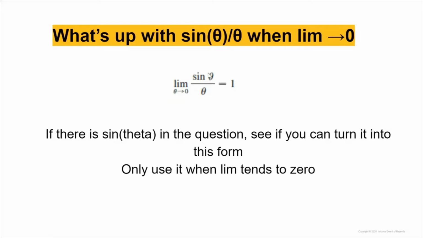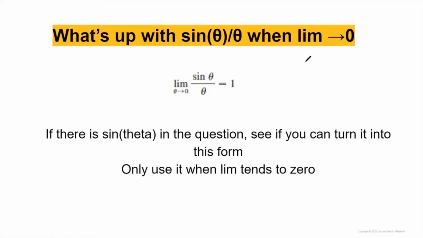Maybe you can use this identity to turn that form into 1. However, pay attention: you can use this identity, sine theta divided by theta equals 1, only when theta tends to 0. You cannot use it for any other finite value or when it's undefined.